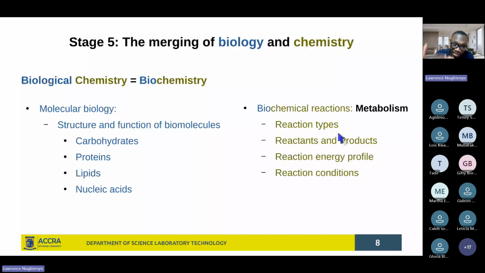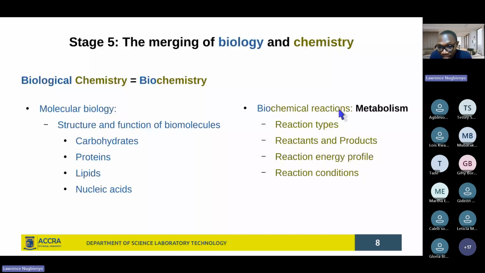Is the reaction breaking down a molecule or are two or more molecules coming together to form a bigger molecule? That's why I refer to catabolism or anabolism. Catabolism being breakdown, anabolism being build up, anabolism sometimes being referred to as synthesis or biosynthesis.